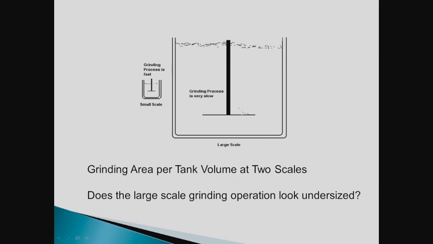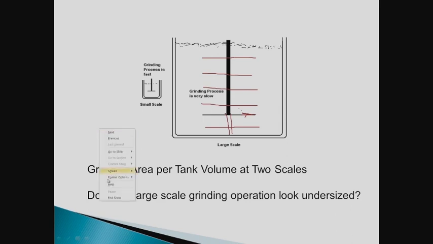So by that movie, you can figure out that the working area is right in here, and we have to add more blade area, grinding surface area, so to speak, to make this an effective processor, similar to the small scale. Okay? Anyway.